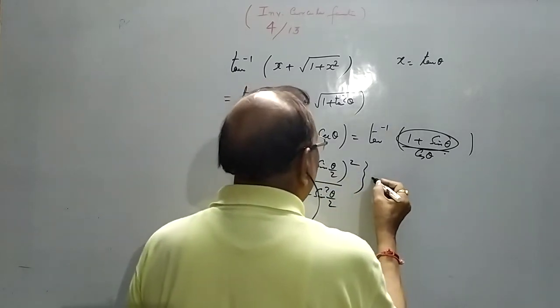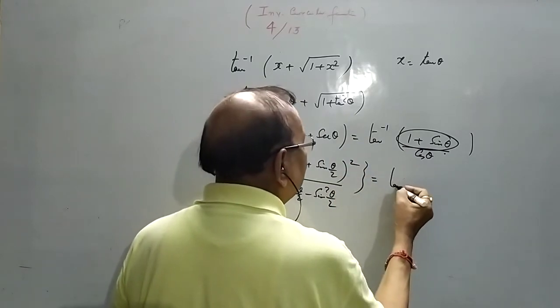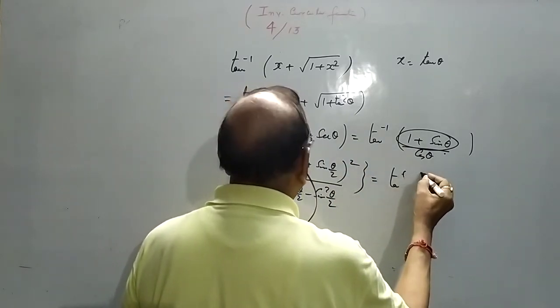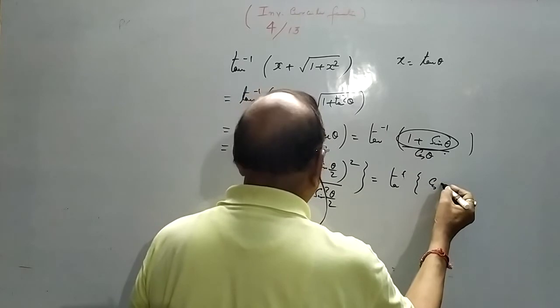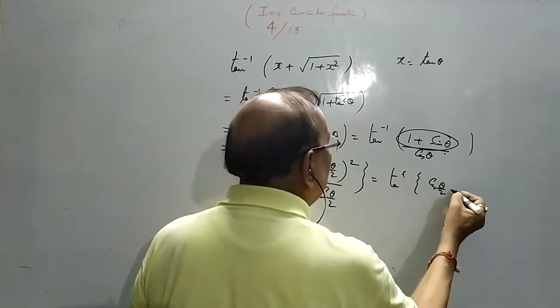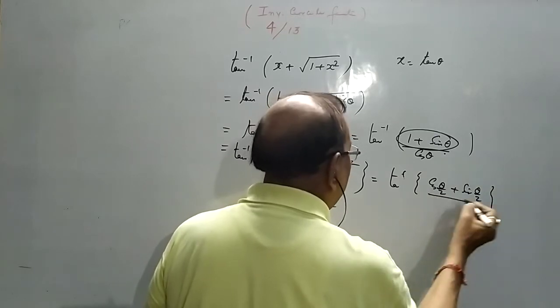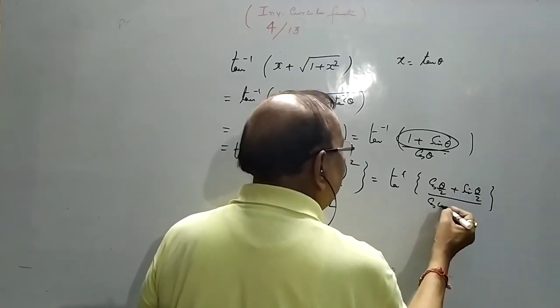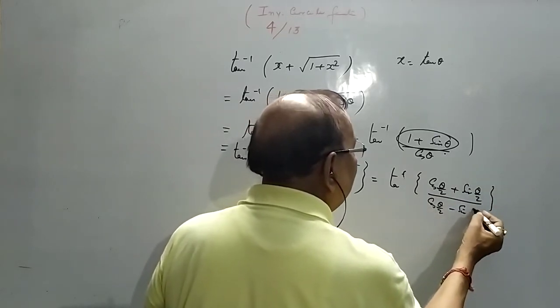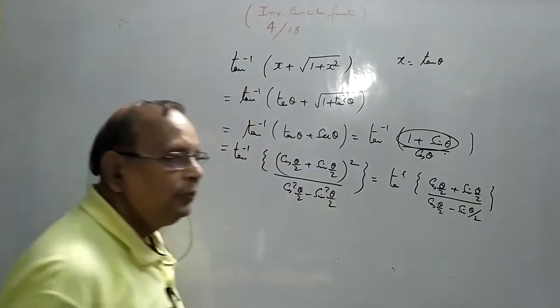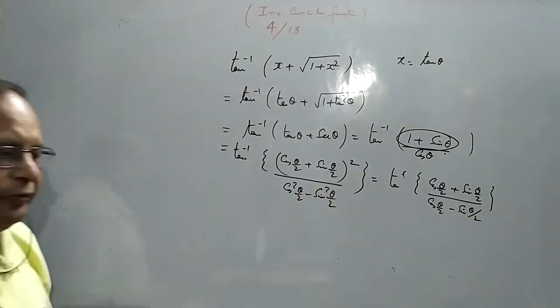Now, after cancellation of one factor, we are getting cos theta by 2 plus sin theta by 2 divided by cos theta by 2 minus sin theta by 2.